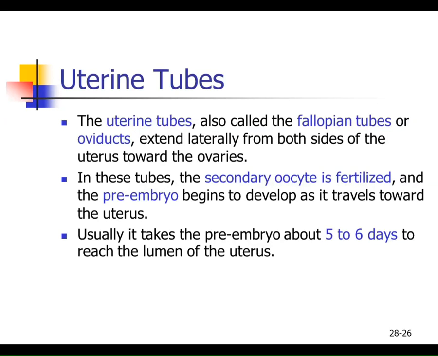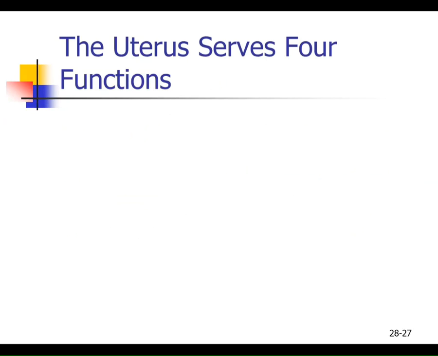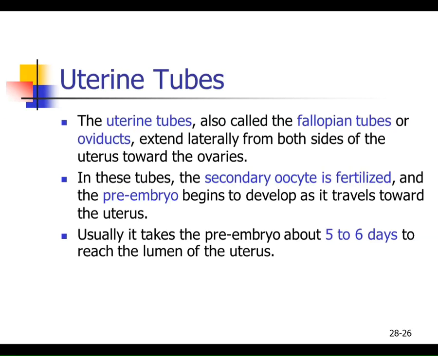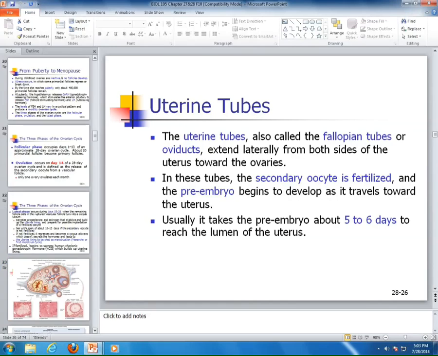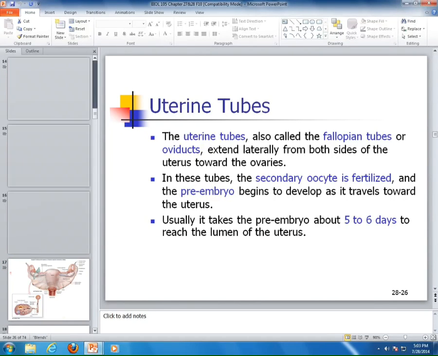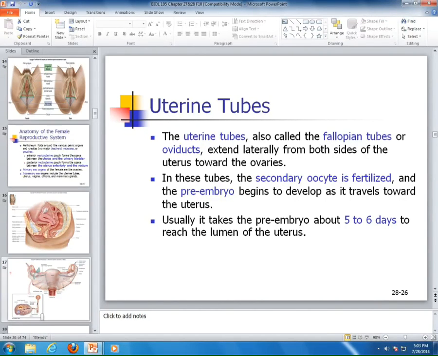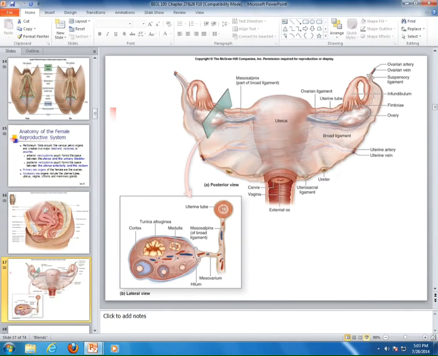Okay, 5 or 6 days of traveling down the fallopian tube. In fact, I want to go back to that quite a ways up, just to give you the big picture here. Actually, this might be the better picture to show you.